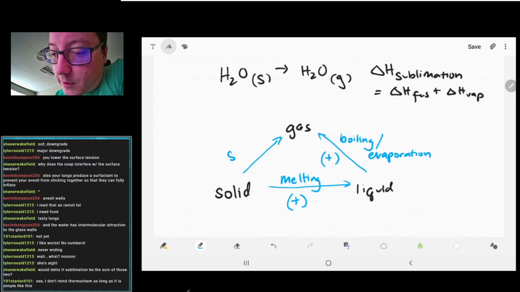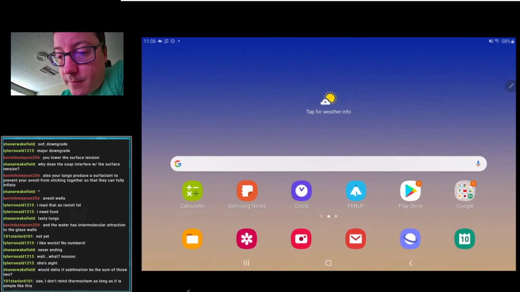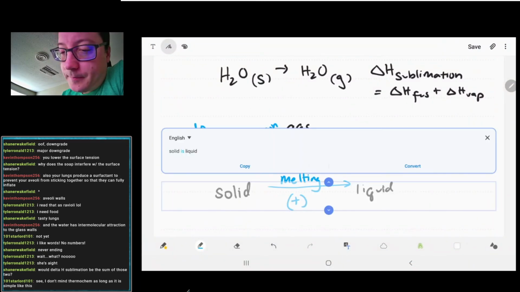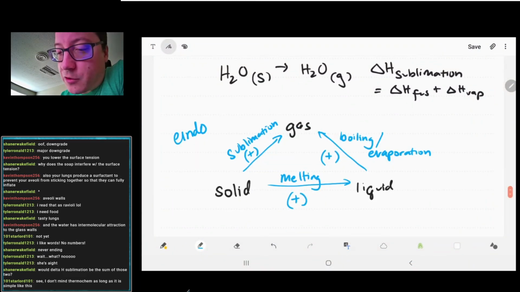And as Shane has pointed out, this process is called sublimation, which, guess what, is also endothermic.